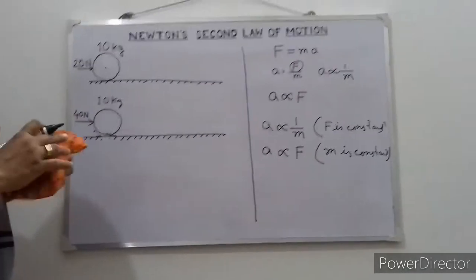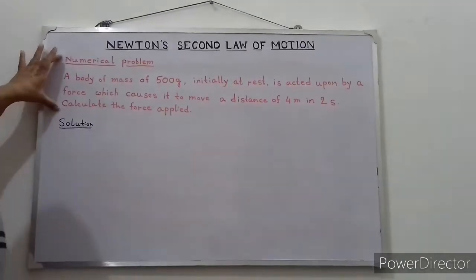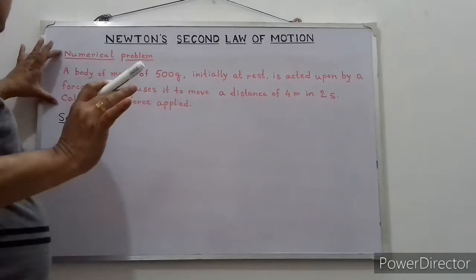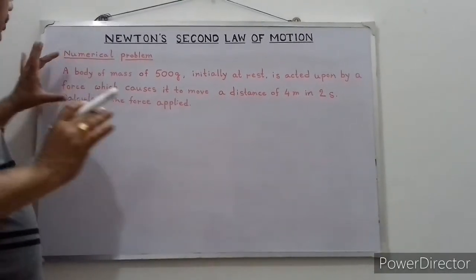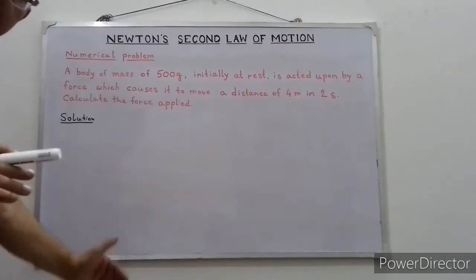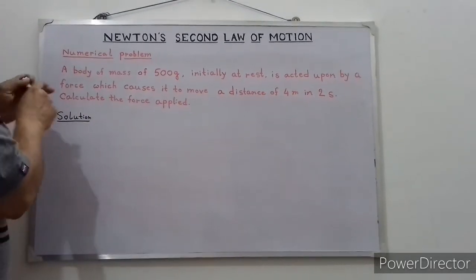Okay. So friends, here is an example of a numerical problem. Don't fear about that. Any numerical problem can be solved easily. First, read the problem carefully, attentively, and then write down the data which is given. So I write first, what is the problem?